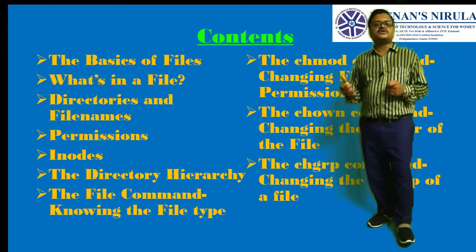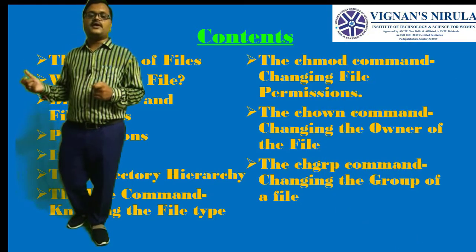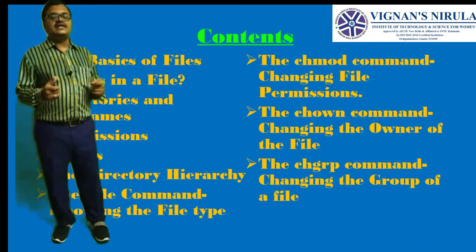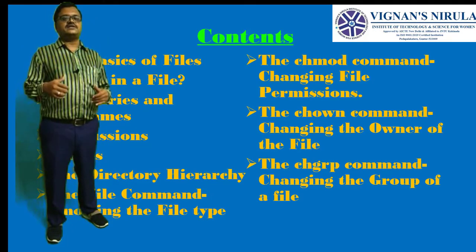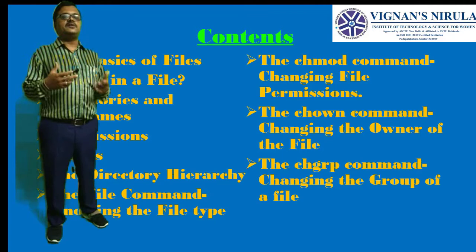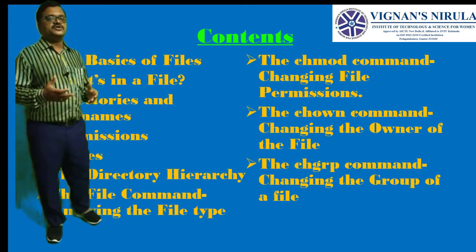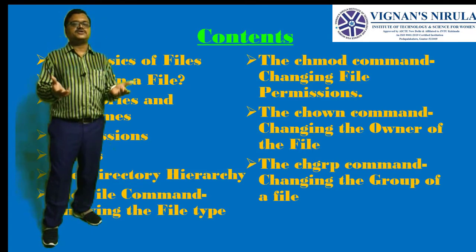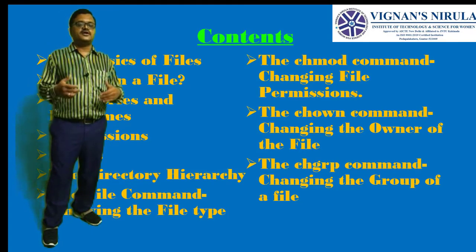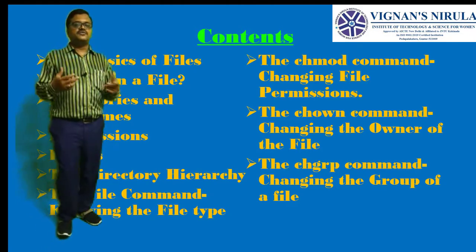And in the third topic, what you will see is files and directories. Normally there is a directory, and a directory contains files. So what happens when a child process is created? We know that a child process can be created using the fork or exec system call, which comes in the operating system. How do we create a child process? It can be created by using either fork or exec.